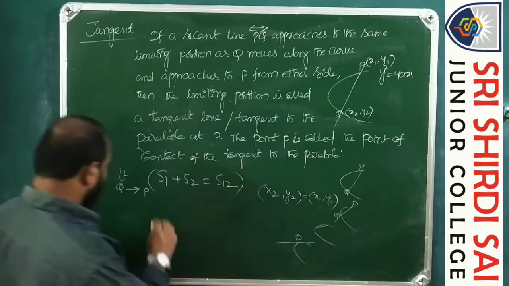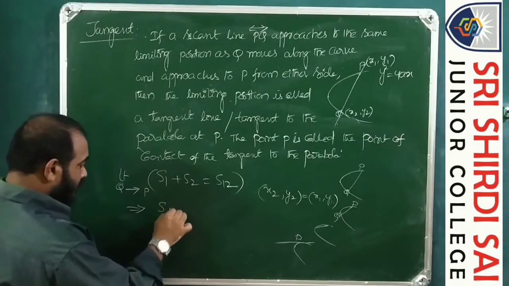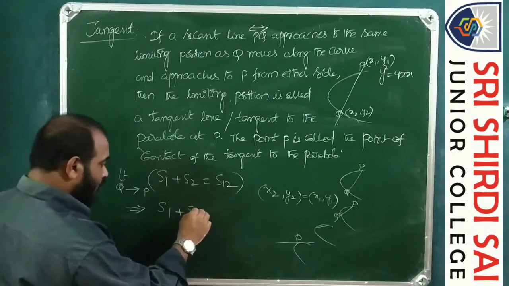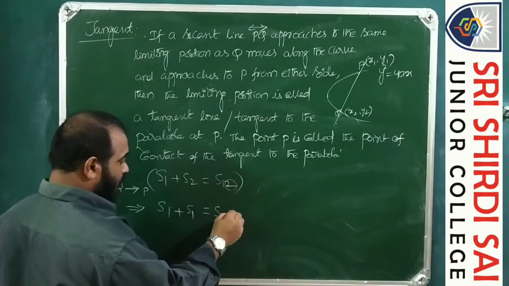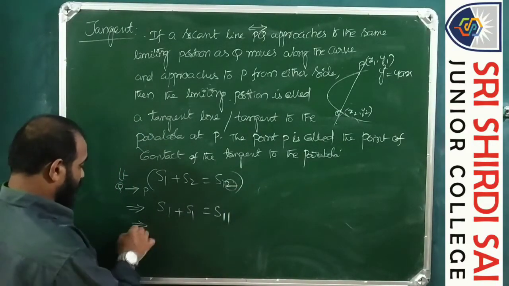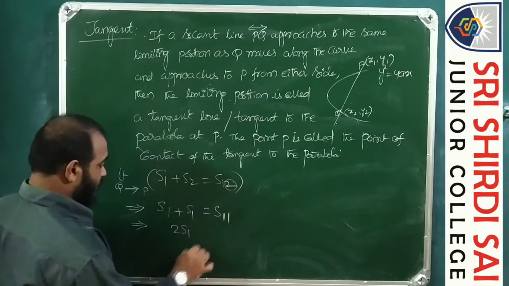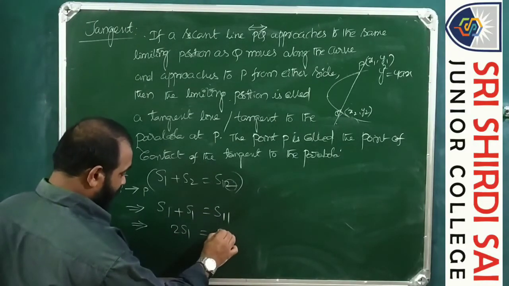So S1 plus S2 also becomes S1, S2 becomes S1. This 2 also becomes 1. So this is S1 plus S1, that is 2 S1, equal to S11.